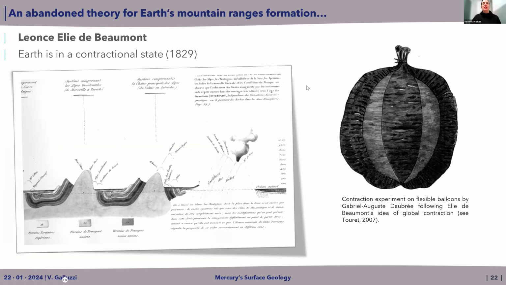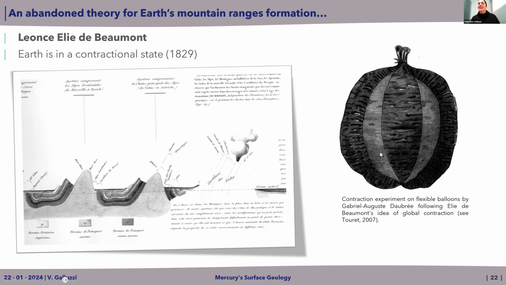Curiously, this is a theory that was done for the Earth a long time ago, in 1829, when tectonics were not yet discovered. And so people were wondering how the mountains of the Earth were formed. And one theory was that the Earth was in a contractional state. And they thought they proved this by using some balloons in the laboratory.